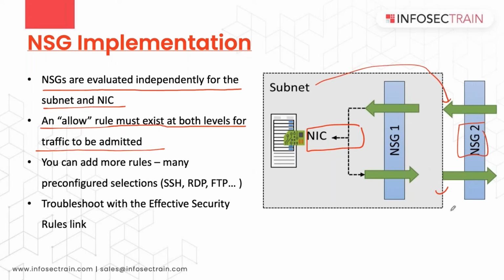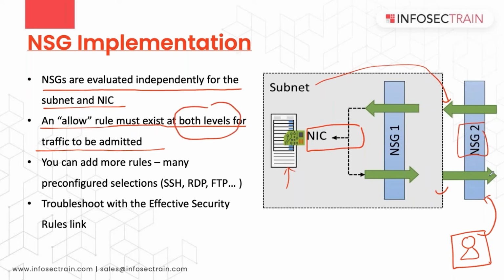For example, here we are going to take the example of the account Rajiv. Rajiv is sitting here. Rajiv wants to access this particular server. So when he tries to access the server, first he will reach the NSG at the subnet level. It says that at both levels, traffic should be admitted.